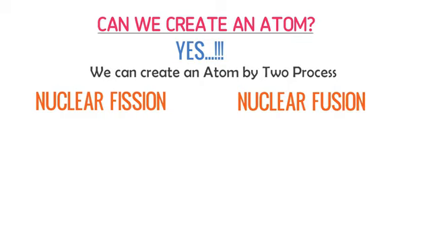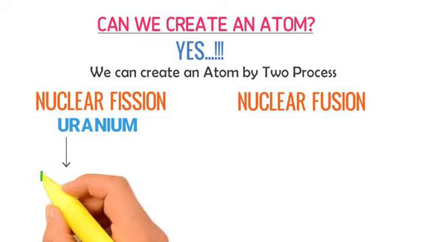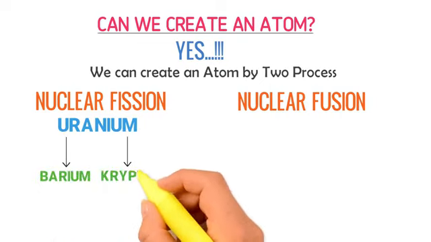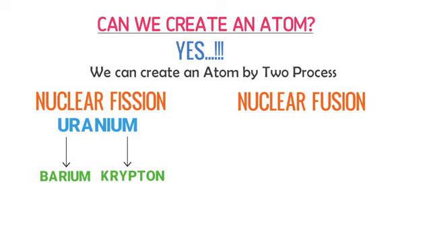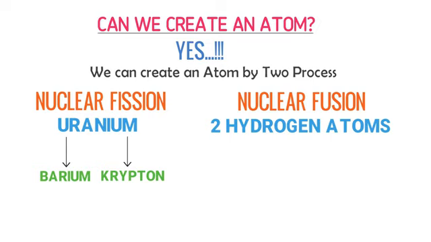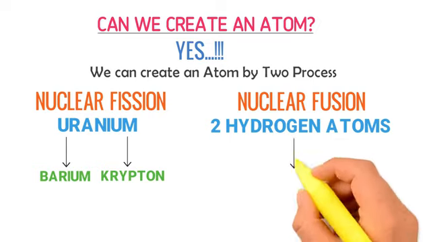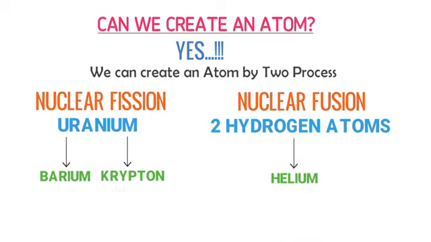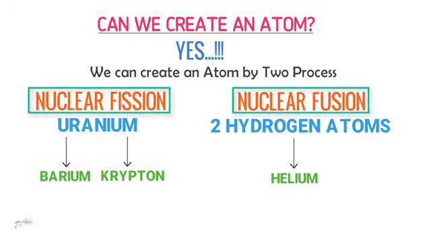For instance, in nuclear fission, a large atom like uranium is split into 2 smaller atoms like barium and krypton, while in nuclear fusion, 2 small atoms of hydrogen combine together to form a heavier atom like helium. On the basis of these 2 nuclear reactions, we can say that we can create atoms in a nuclear power plant.